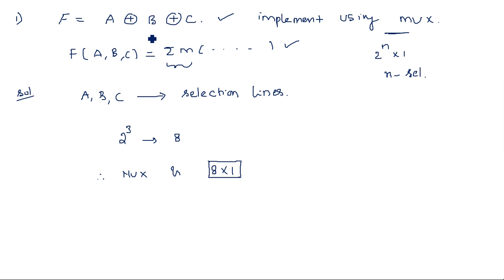Now the given question is f = a XOR b XOR c. So let us go with the truth table. The selection lines are a, b, c and this is f.